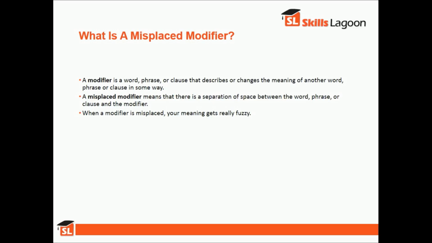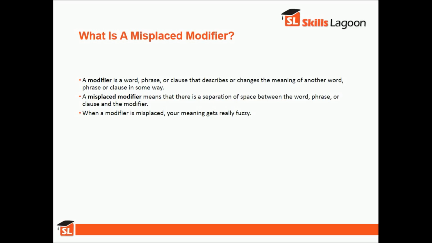So to say, a verb, an adjective, or an adverb itself is modified by an adverb. Now, a misplaced modifier means that there is a separation of space between the word, phrase, or clause and the modifier. As a general rule, a modifier should touch what it is going to modify.